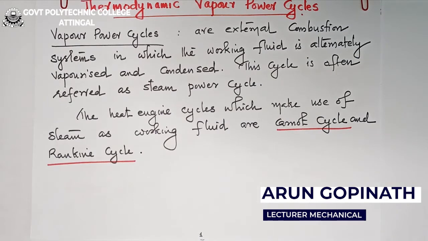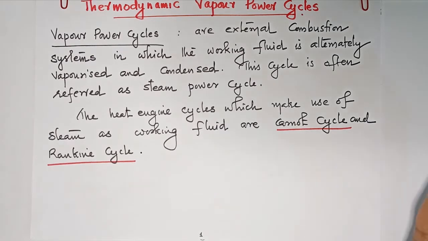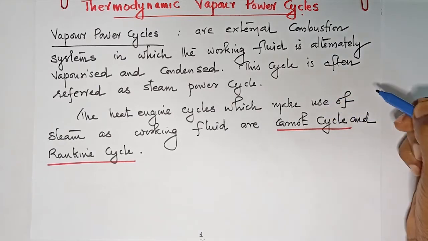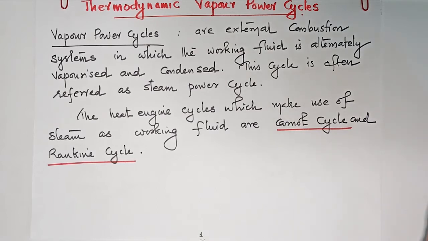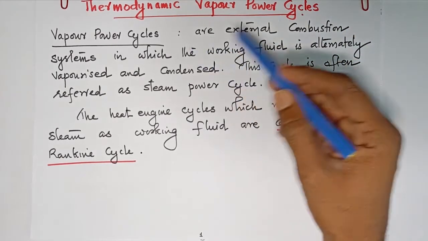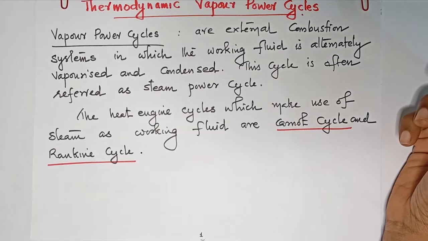Thermodynamic vapor cycles. Vapor power cycles are external combustion systems in which the working fluid is alternately vaporized and condensed. This cycle is often referred to as steam power cycle.